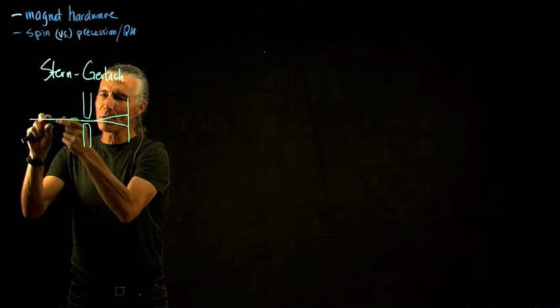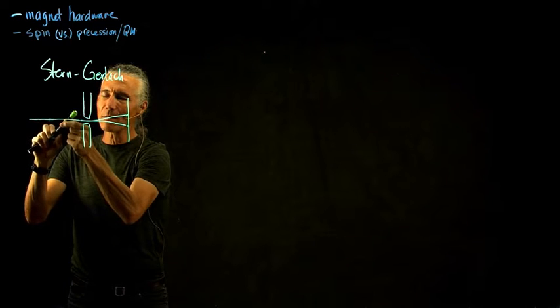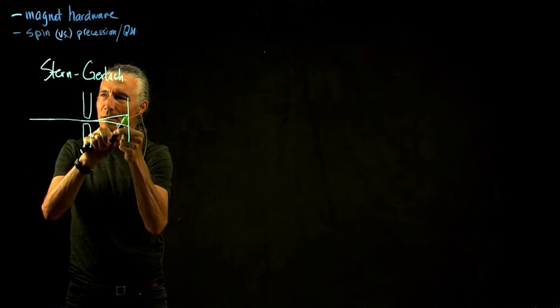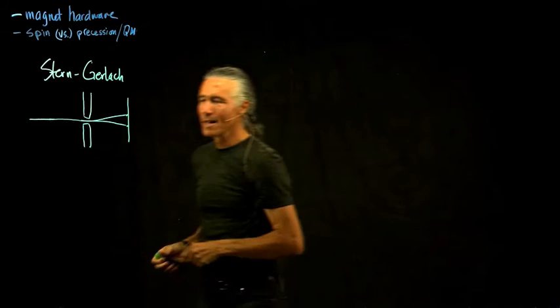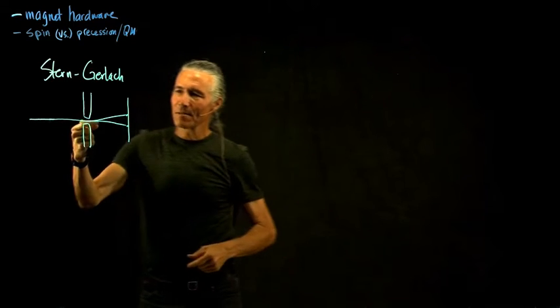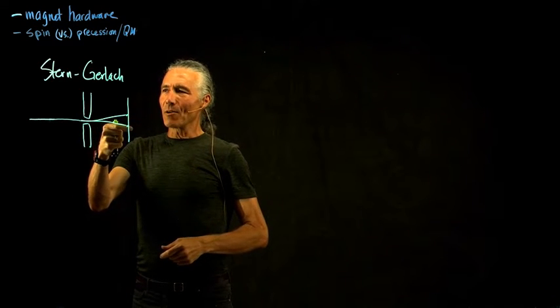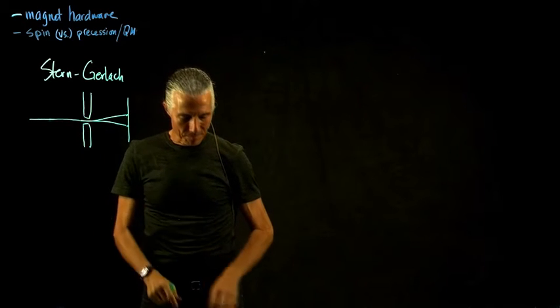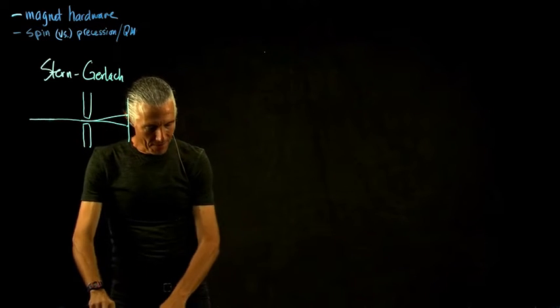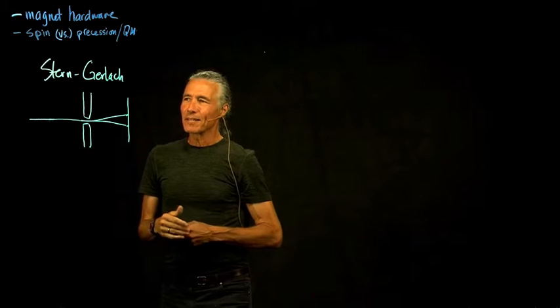And when you shot them through here, what you might expect is that depending on what direction they were, they would go make a whole distribution of different directions. But instead, what happens is they just go up or down relative to the magnetic field. And so that's weird.